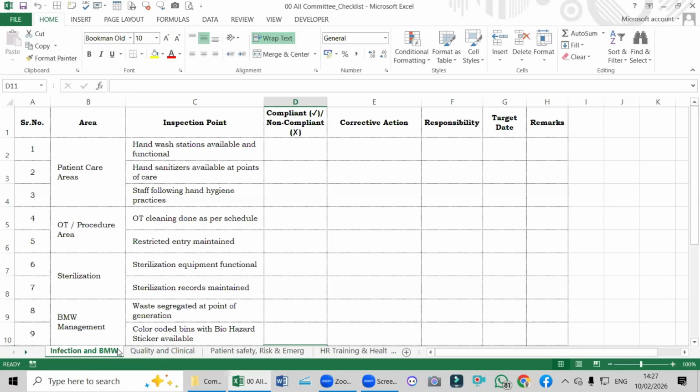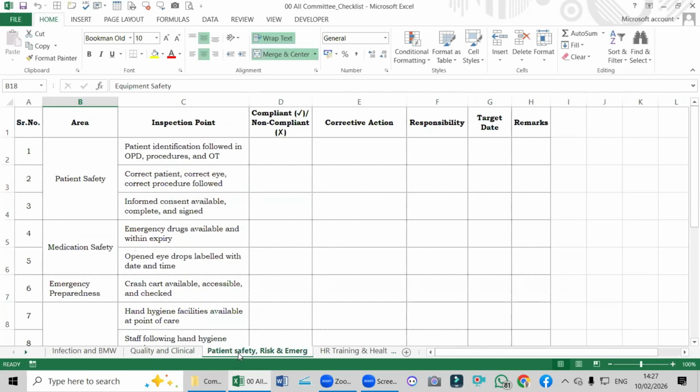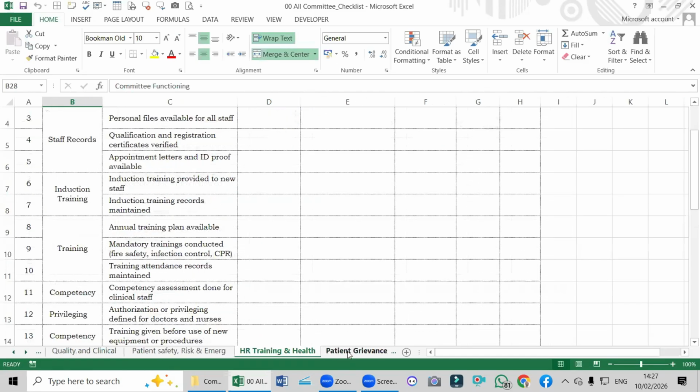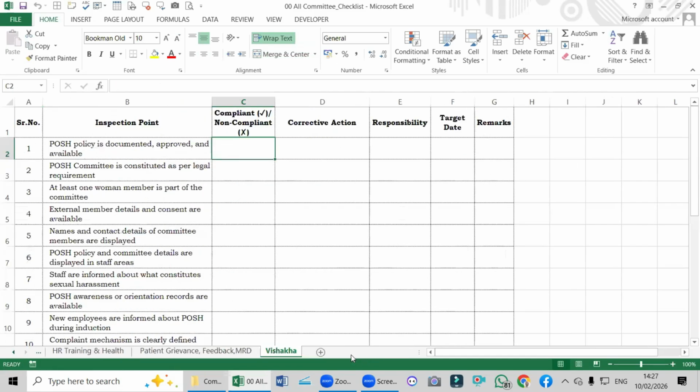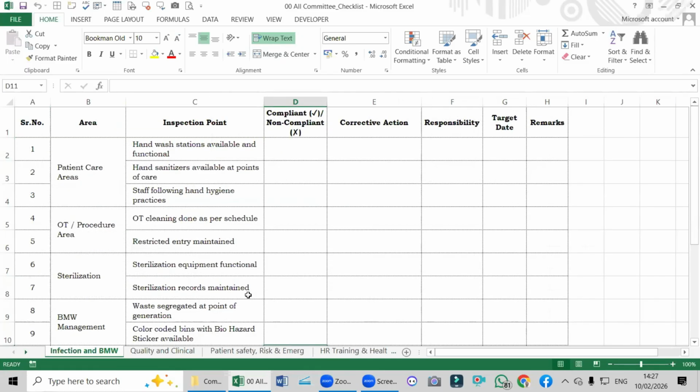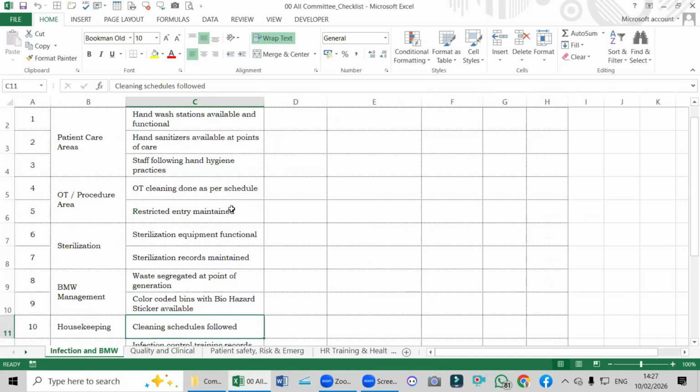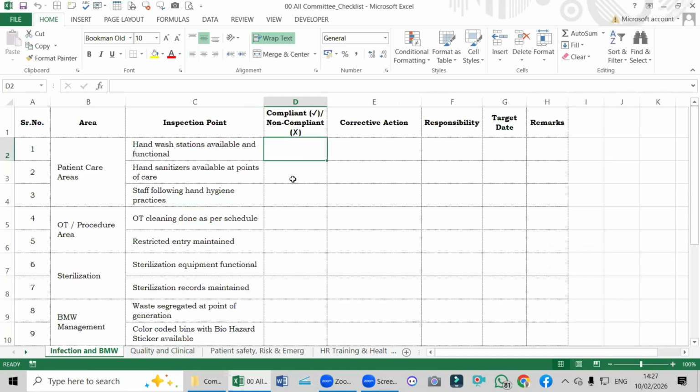Now, you see infection and BMW, quality and clinical, patient safety, HR training, patient grievance, Vishaka committee. When some committee sits, what do they do? As we have mentioned, patient area, OT procedure, sterilization, etc. They have to check all these items and tick here whether compliant or not compliant. If it's compliant, put a tick.